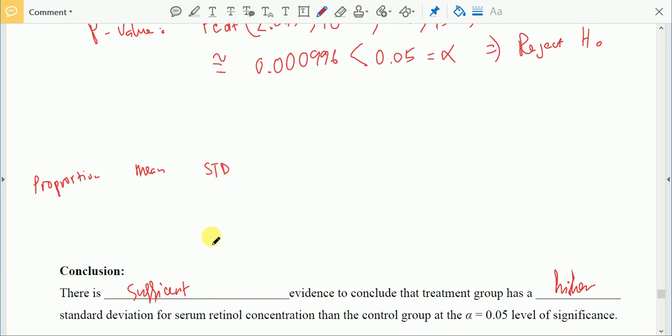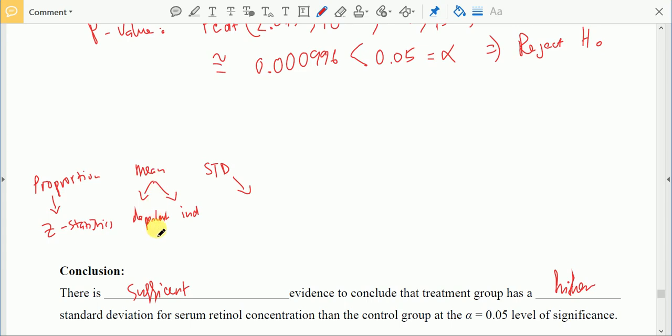Now for the proportion, remember, you have to use the z statistic. For the mean, there are 2 types: one is dependent, one is independent. And then the standard deviation is just one thing.